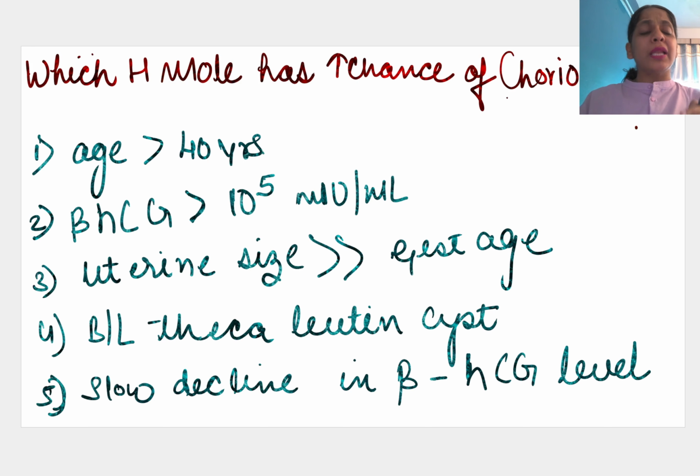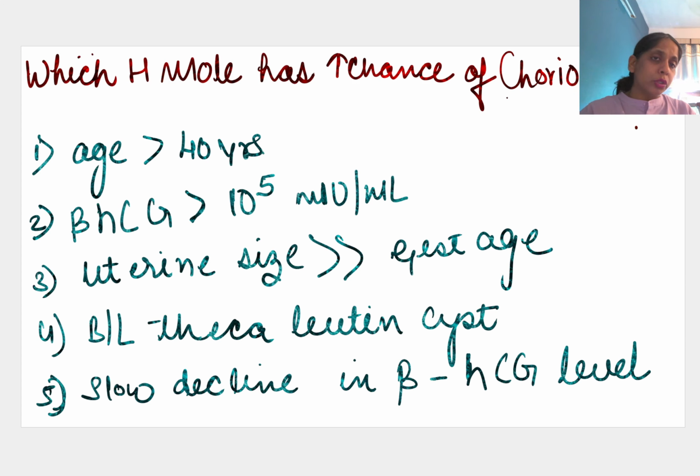Sometimes it has been asked: there are bilateral theca lutein cysts, what is the treatment of it? These cysts are due to HCG only. HCG is stimulating them, so their treatment is also suction evacuation. Not suction evacuation of these cysts, but suction evacuation of the uterus. Remove the molar pregnancy, and these cysts will also go.